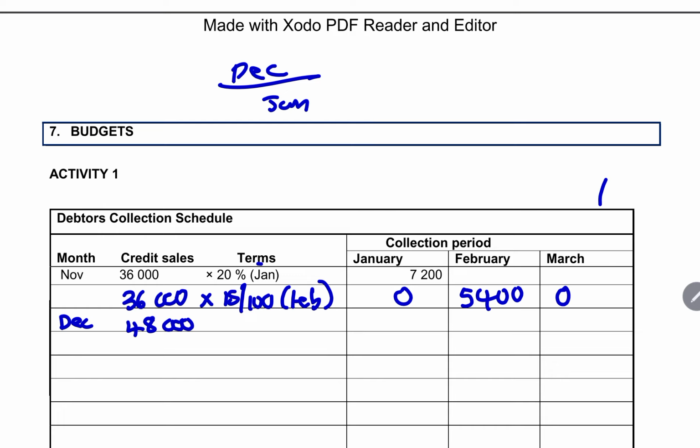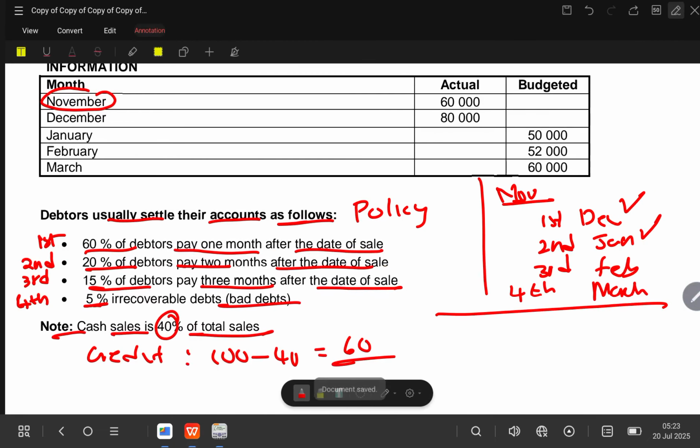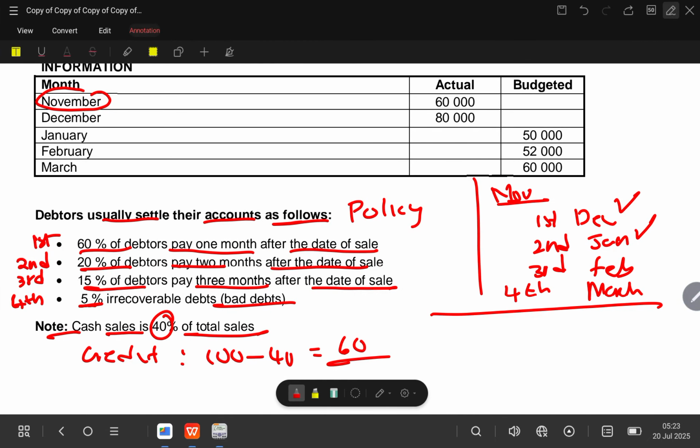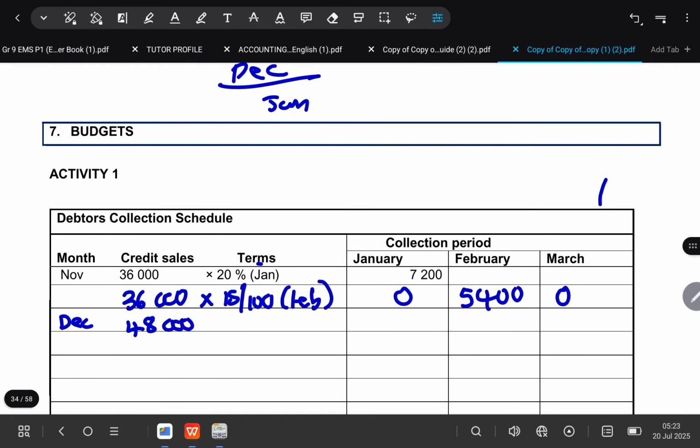So for the December sales, you will collect in January. And we know that the policy says that in the first month they collect 60%. So we'll multiply this by 60 divided by 100, and this is for January.